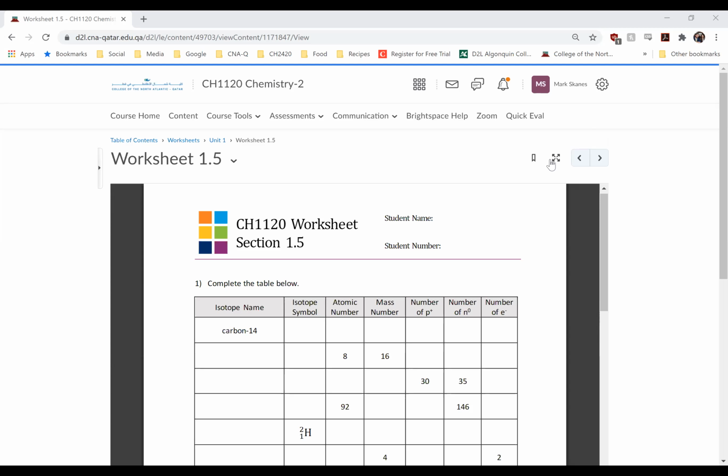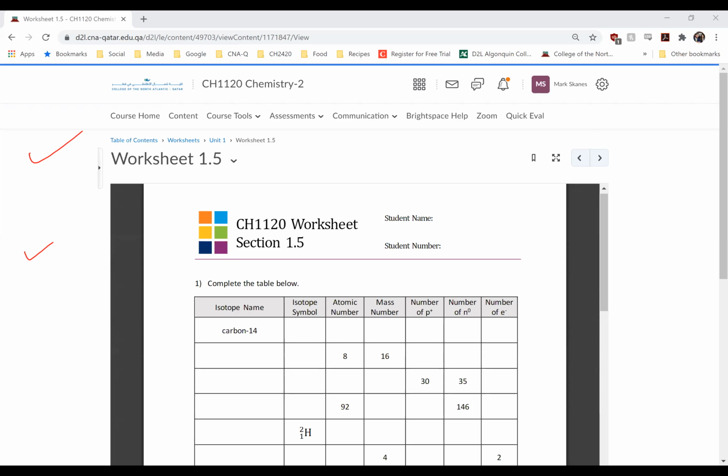What is the mass number of hydrogen 2 or something like that? So let's look at a couple of these. I'll start with an easy one, and then I'll do one down here and then we'll check. There's one other big question I want to do after this one. So we'll do a couple of these and then check the time.